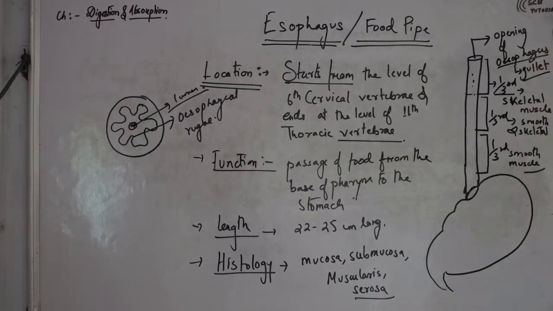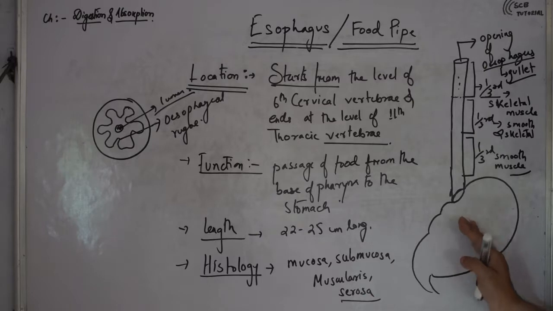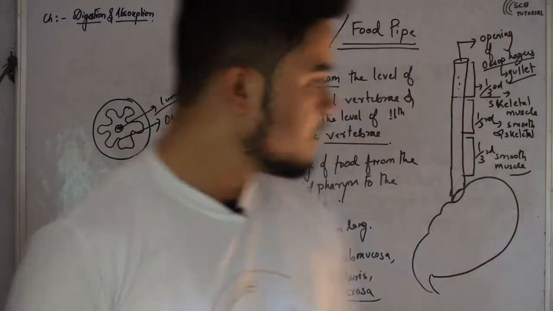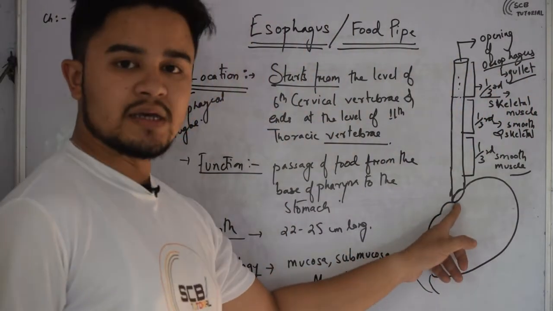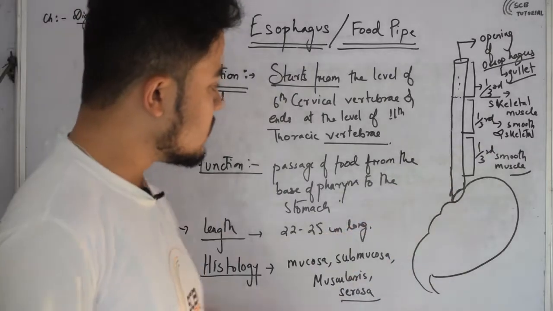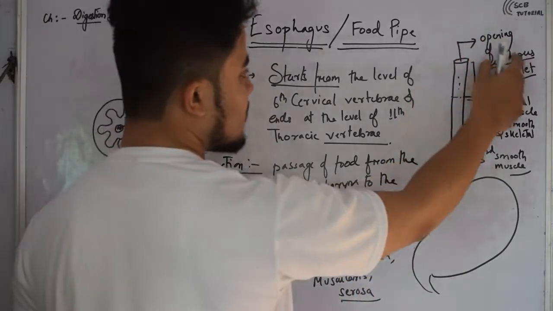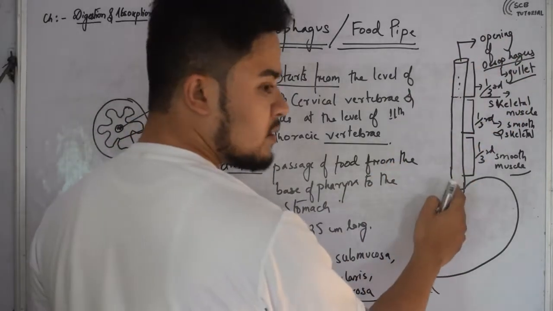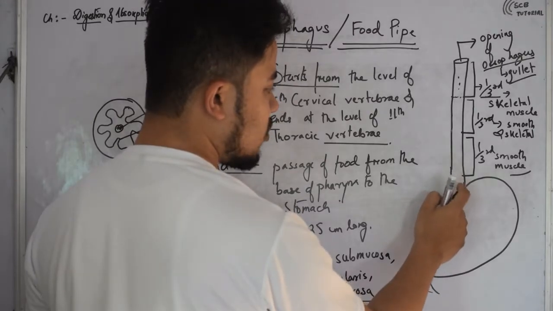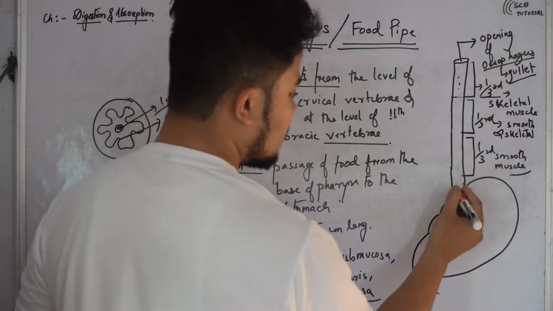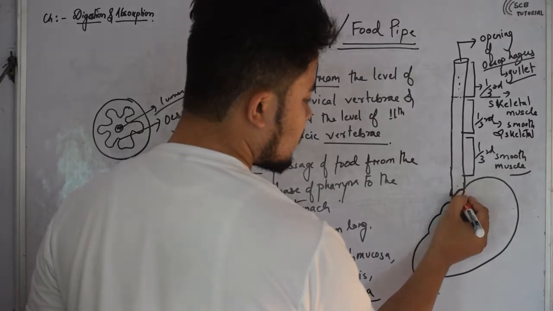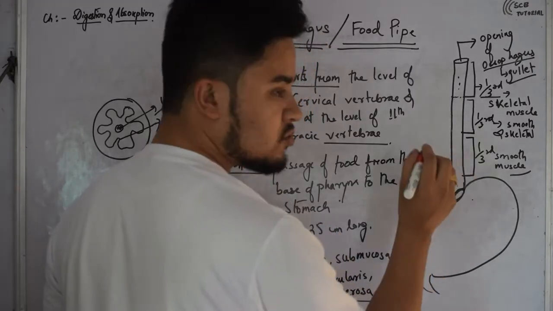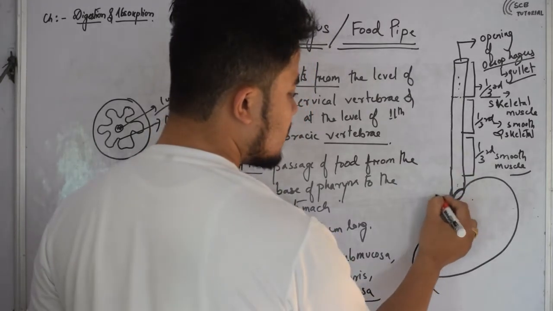There is one more thing to explain, that is the esophageal gastric sphincter. Here I have drawn the esophageal gastric sphincter. The upper opening of the esophagus is called the gullet, and the lower opening, where the esophagus opens into the stomach, is guarded by a sphincter muscle.